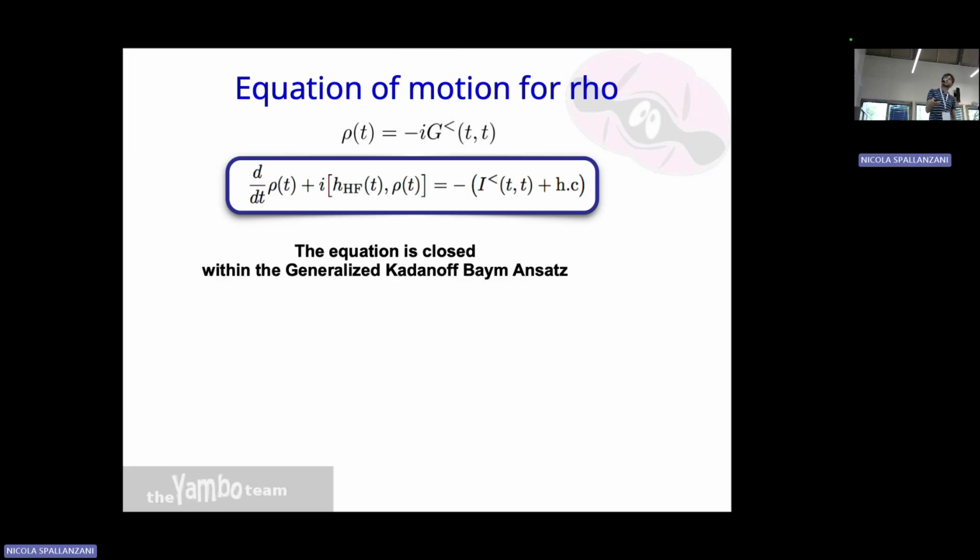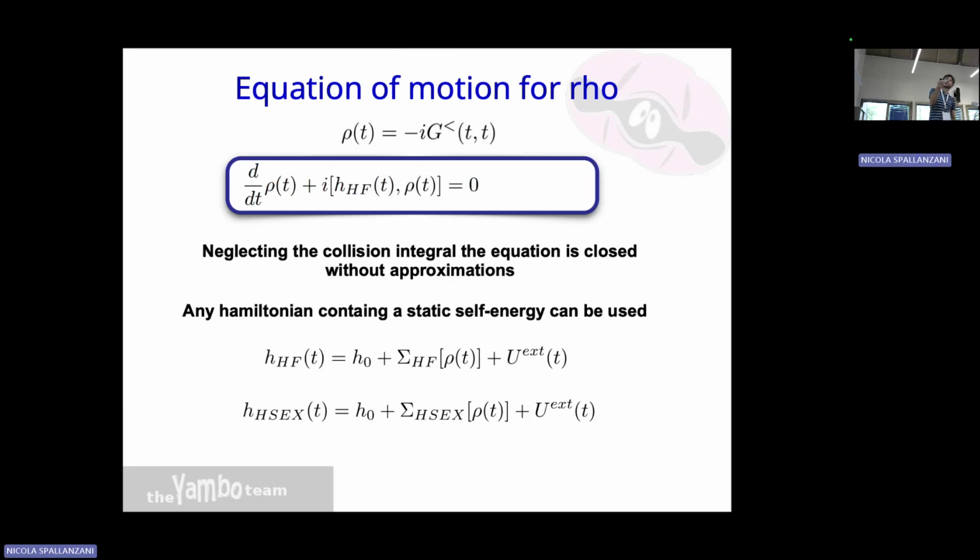We neglect this collision integral, and the equation of motion takes this very simple form. So the equation of motion, which in the end doesn't need the definition as I sketched, is just the general equation of motion for the density matrix in the presence of the static Hamiltonian.